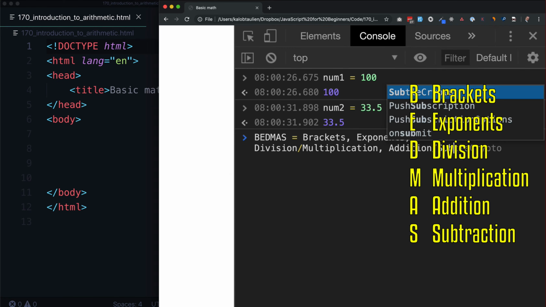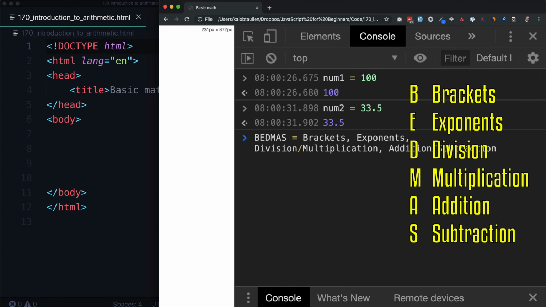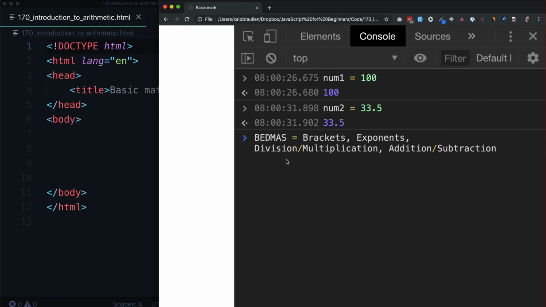I don't know how to spell that, apparently subtraction. And so the idea here is whenever you have advanced math, it's not really advanced, but it's a little more advanced, I guess, there's an order of operations, and it's BEDMAS. So whenever you see brackets, do your brackets first. Do the math inside of that first, then the exponents inside of those brackets, then division and multiplication, whichever comes first from left to right, and then addition or subtraction, whichever comes first from left to right.